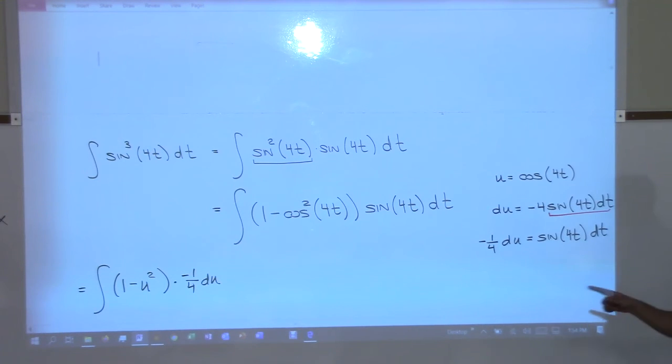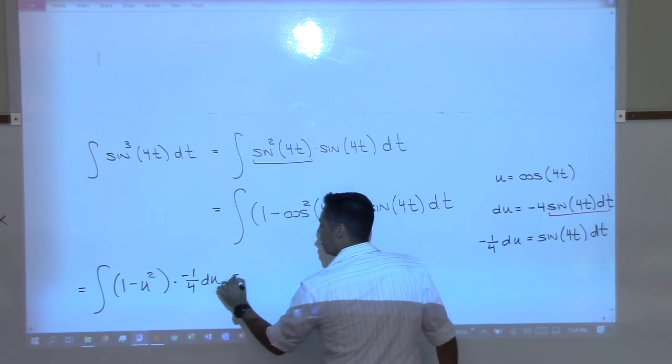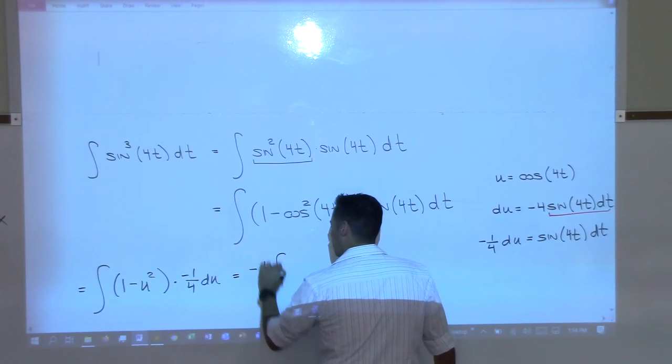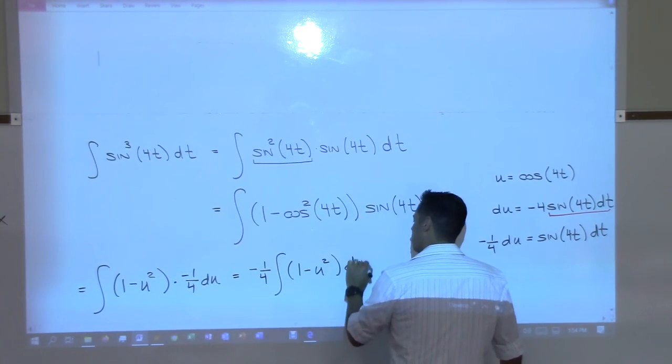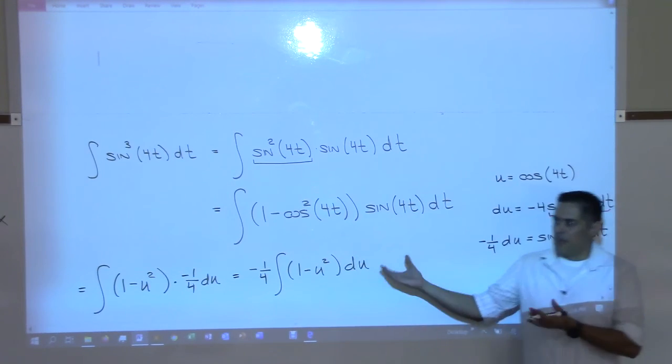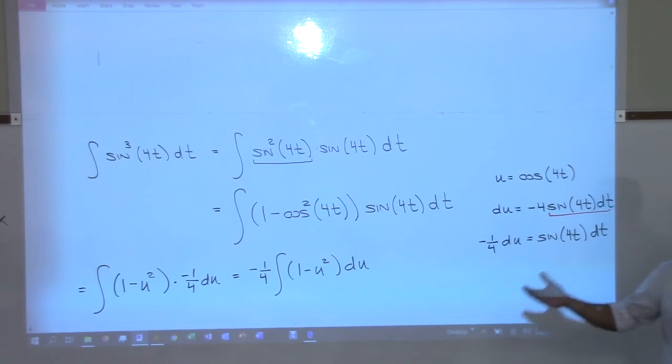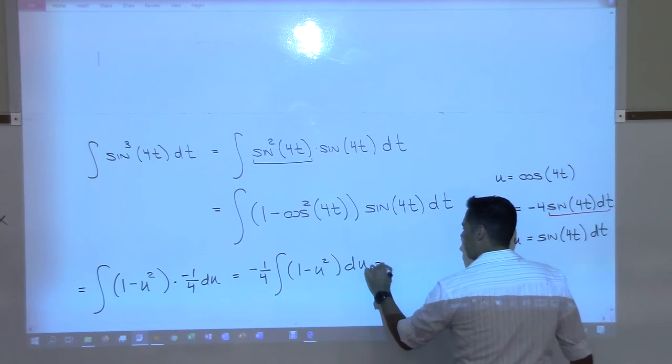Okay, that we should be able to handle now because we can pull the negative 1/4 out. Now we're just integrating 1 minus u squared du, which is like the first type of antiderivative we ever did. Those are just basic powers. So let's see. Nicholas? Okay.